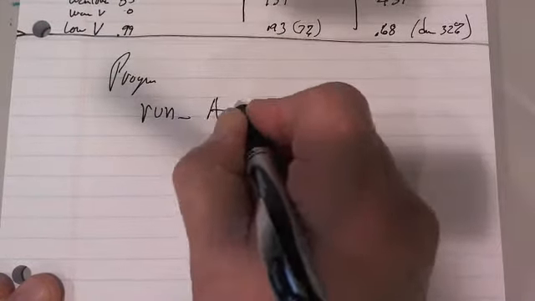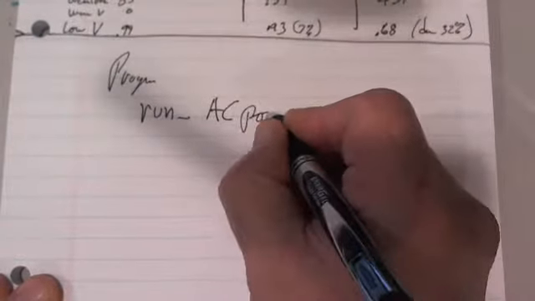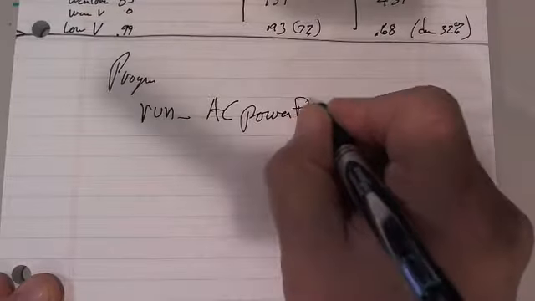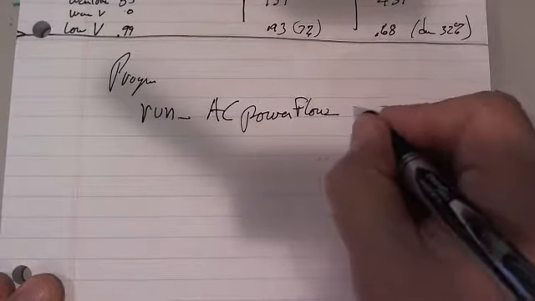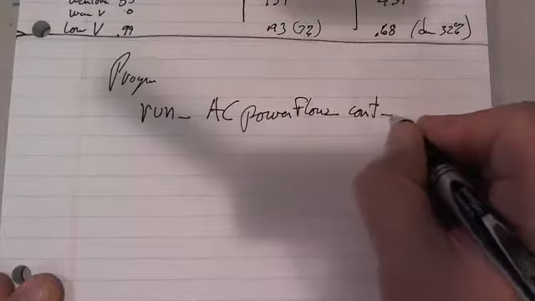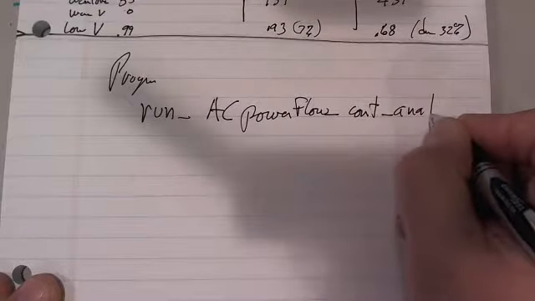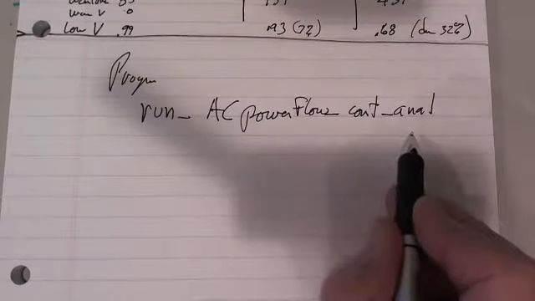And the name of the program, we'll put it in here. Under the security analysis, it's called run_AC_power_flow_contingency_ANAL, for run AC power flow contingency analysis.